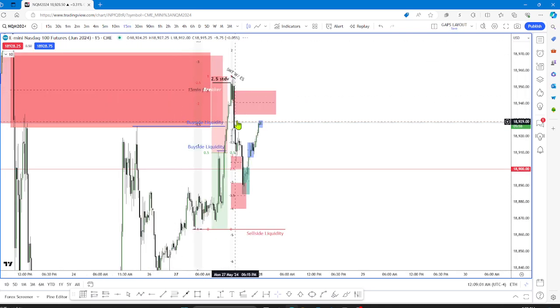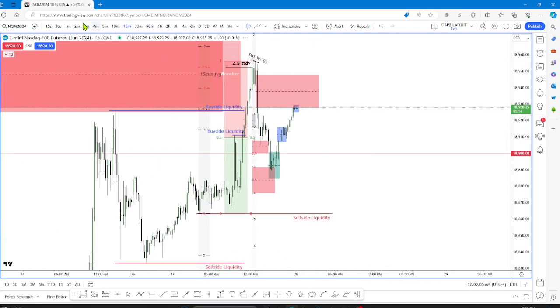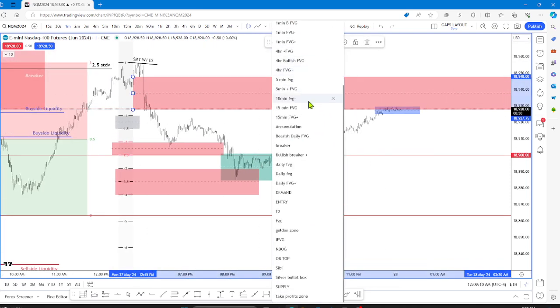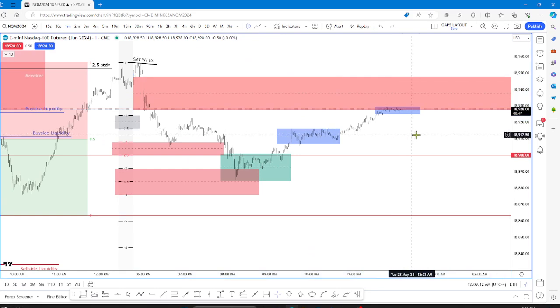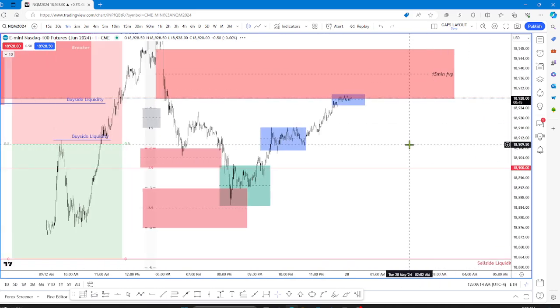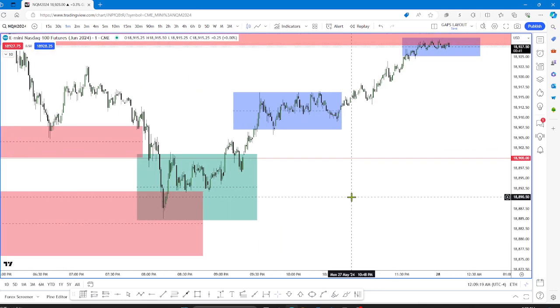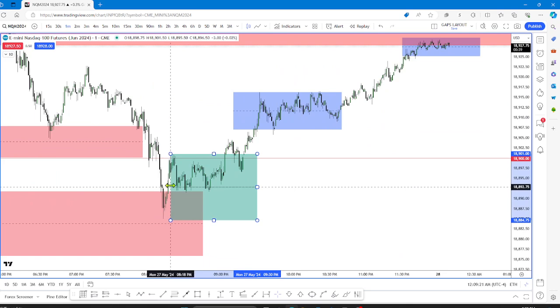I think this is a 15-minute as well. Okay. A little consolidation area.